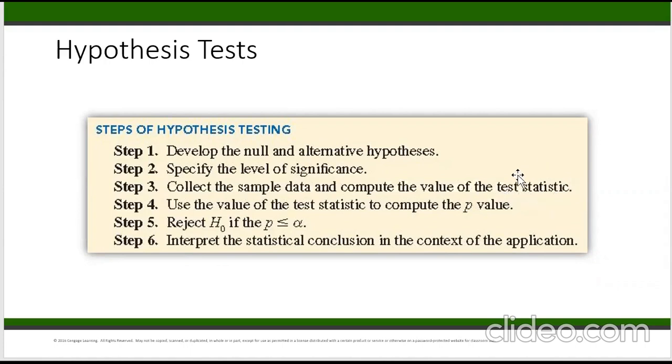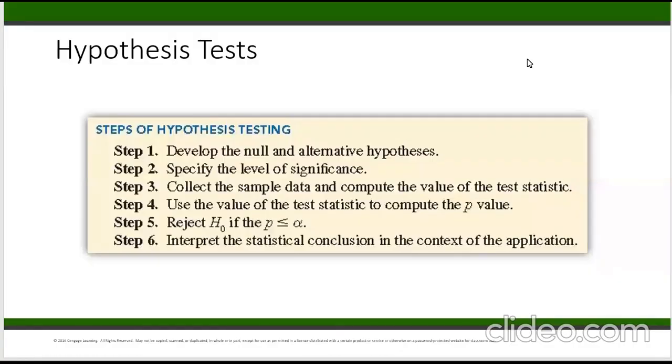The sample should be as random as possible, so ideally you should be looking for a simple random sample, and then find the test statistic. Again, the test statistic can be different depending on the type of test, so we will talk about this for each type of test that we're doing in this chapter.